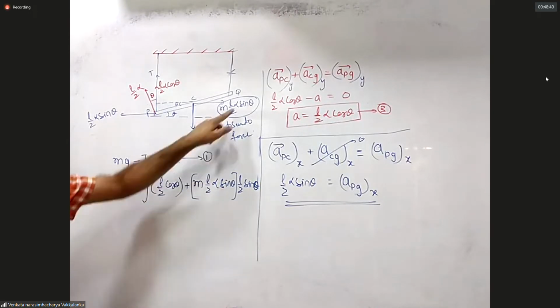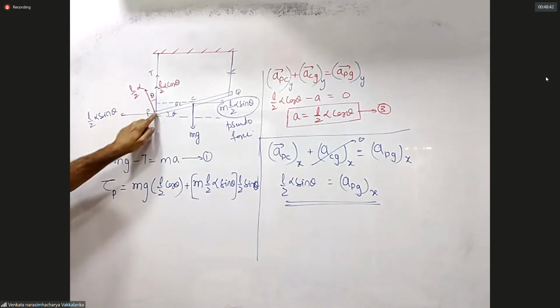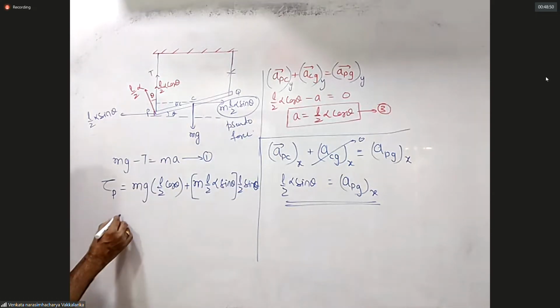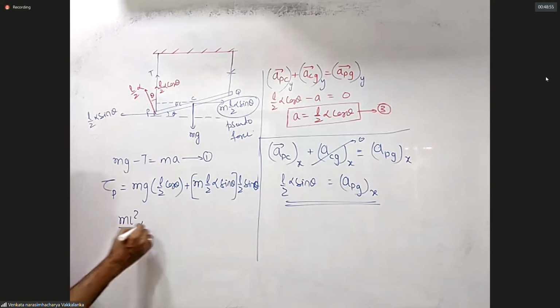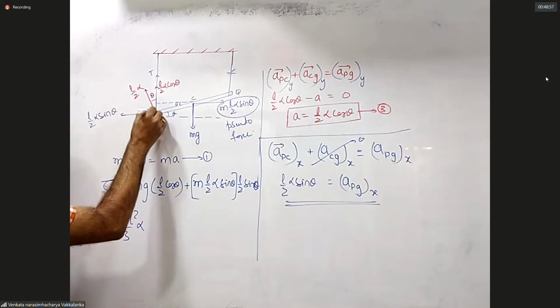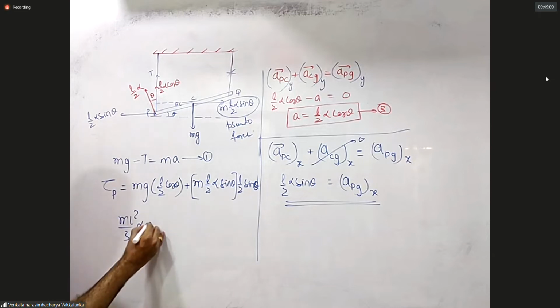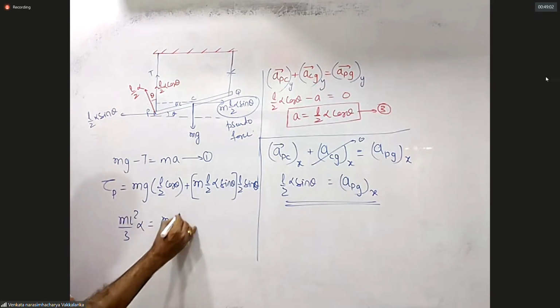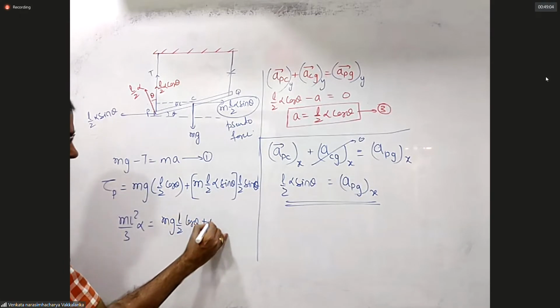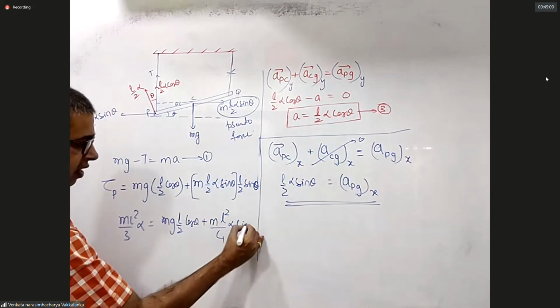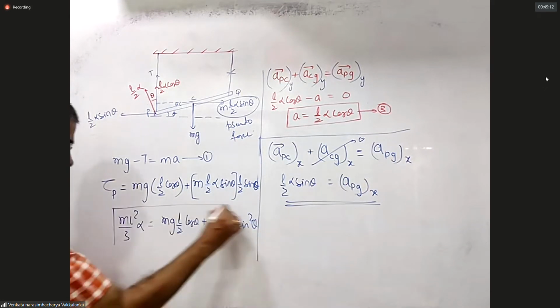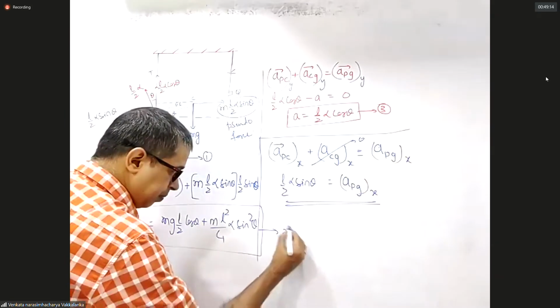Mass into acceleration, extend the line of action of the force and drop a perpendicular from the point P. This will be L by 2 sin theta. So torque will be ml square by 3 into alpha, I alpha. Torque about point P, moment of inertia will be about point P. This will be mgl by 2 cos theta plus m L square by 4 alpha sin square theta. This is my second equation where you people have gone wrong.